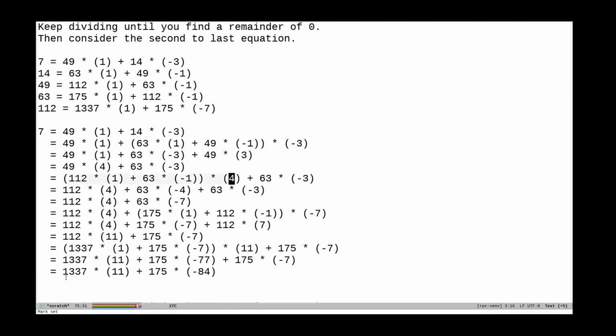At the end, you will arrive at something that is the first value you started with, the A, times x, plus the second value you started with times another y. At each step of this substitution, you can do some error checking because it always has to be equal to the GCD. When you are computing the inverse of the private key of RSA, this GCD is always 1. So all these computations have to be equal to 1.